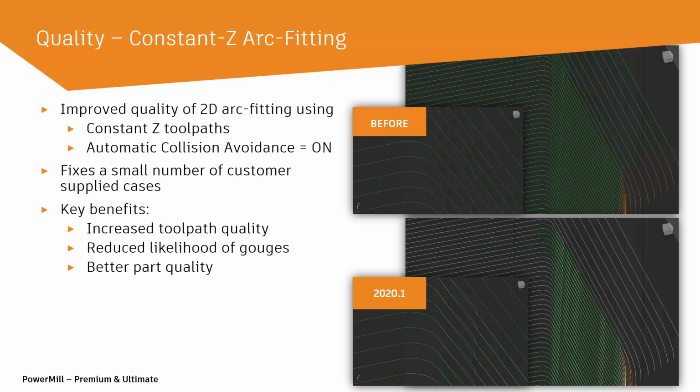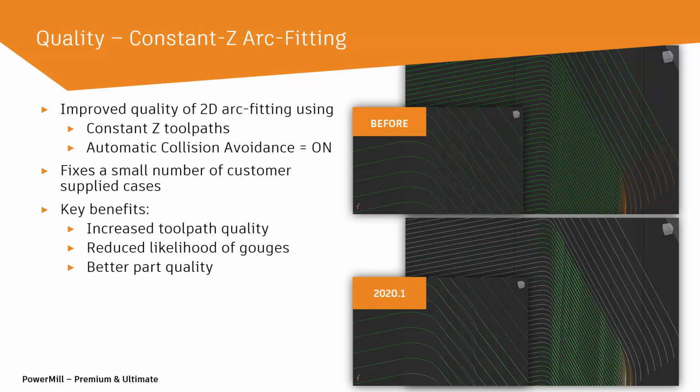These wobbles are being introduced by the automatic collision avoidance code, so that's where the tip of the tool is moving slightly. Remember that the green curves are representative of the tip of the tool, not the contact point. But in those areas, there could be a situation where the tool could collide and gouge with the component. And you can see those as those wobbles in the toolpath.